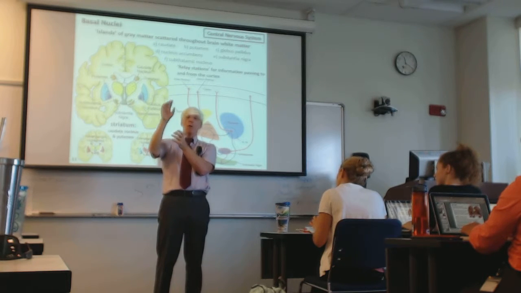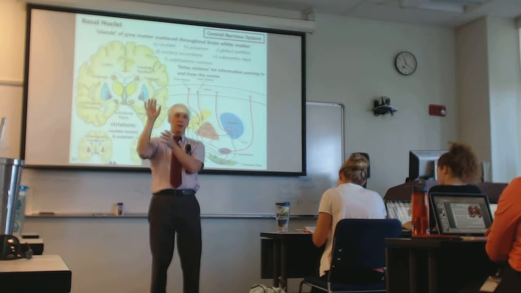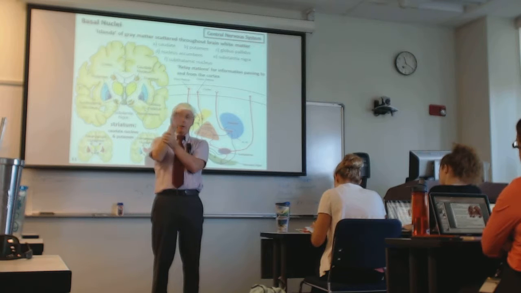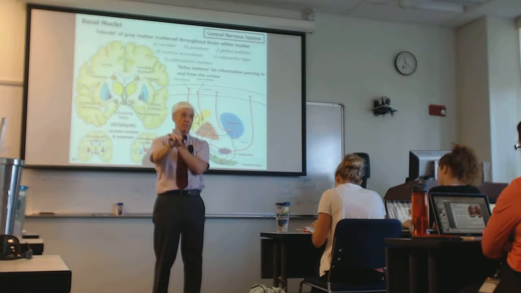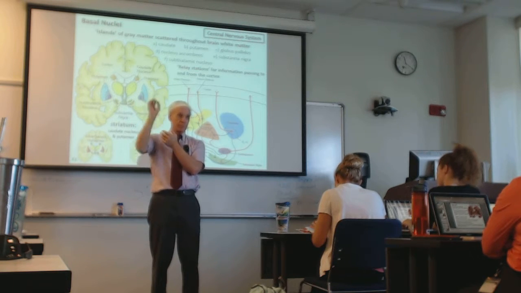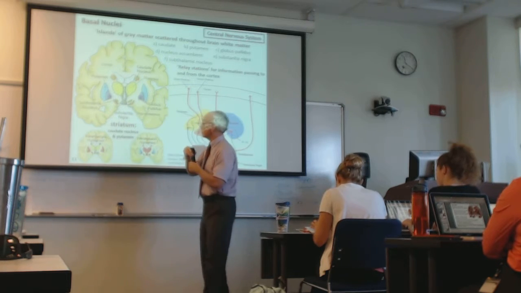I'm just trying to make a very simplistic analogy: normally the basal ganglia are inhibiting sometimes, releasing sometimes. But if that inhibitor is broken down, if that GABAergic circuit is no longer working, what's going to happen? You're going to get a constant movement like that.